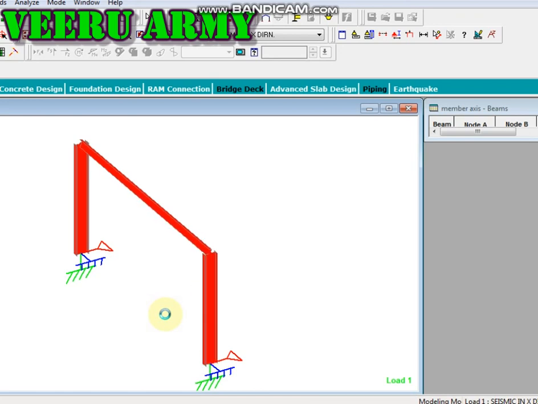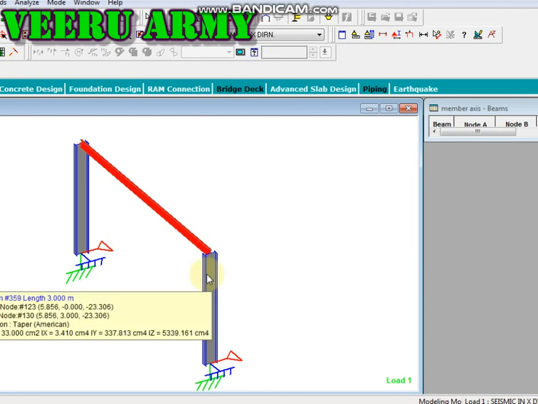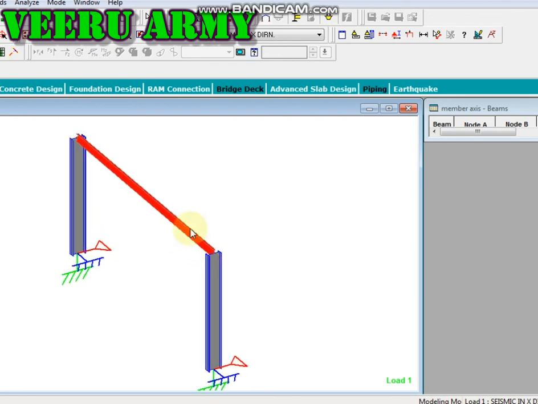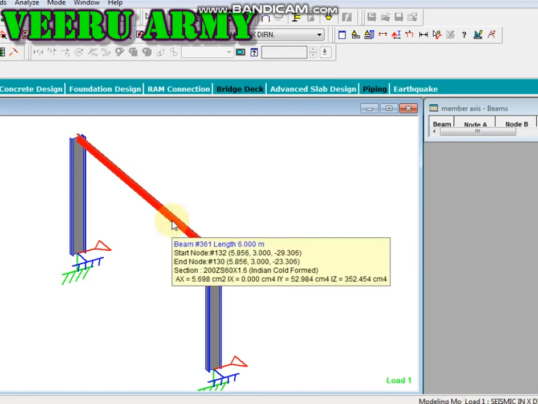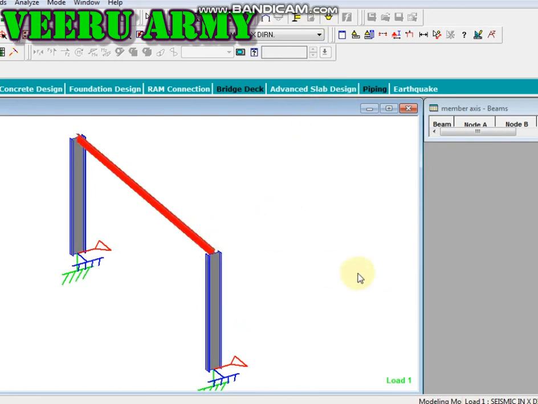So it restrains the column by taking compression in this member, the girt. It restrains the column movement by taking the compression in the girt, and it restrains this moment about y. So due to the girt we can restrain the moment about the y-axis of the column by taking compression in the girt in such a manner.